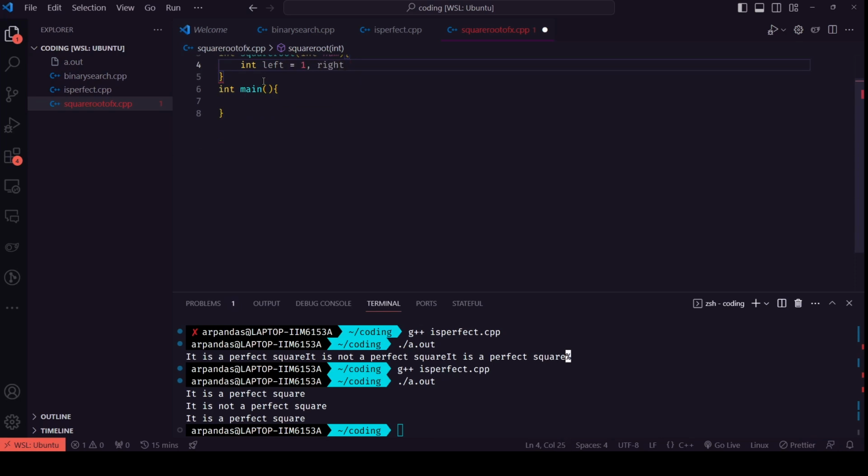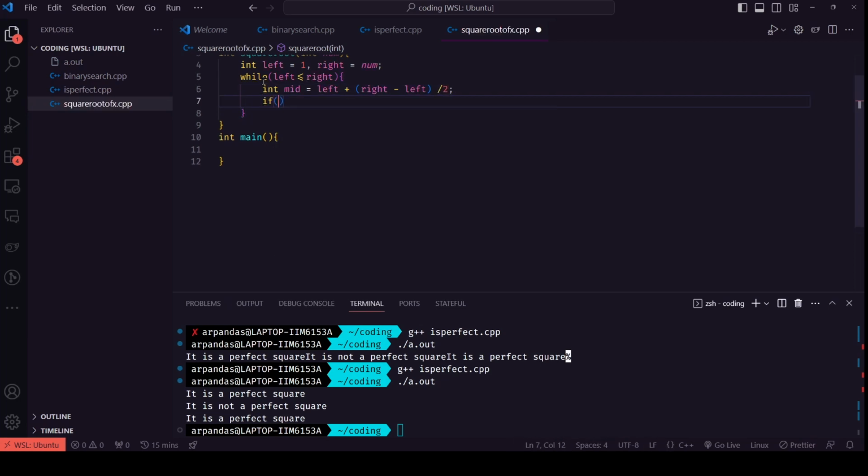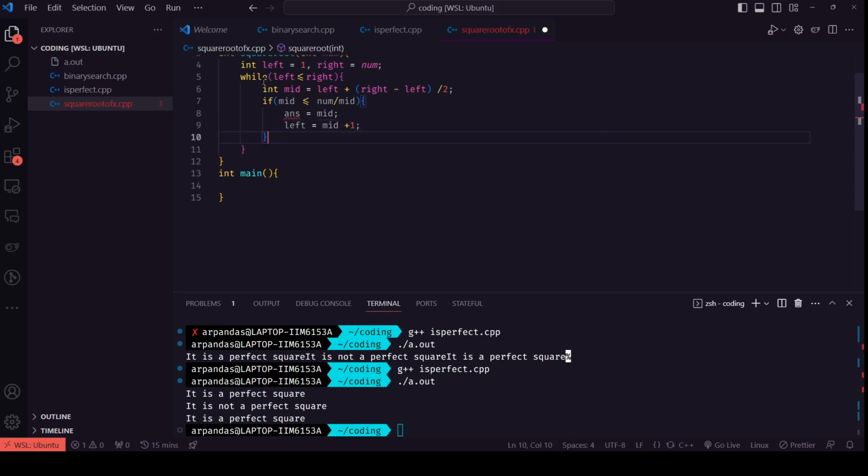Int left equal 1, right equal num. We are writing while left is smaller than or equal to right. Int mid equals left plus right minus left divided by 2. If mid is smaller or equal to num divided by mid, then what will happen? Answer equals mid, left equals mid plus 1.